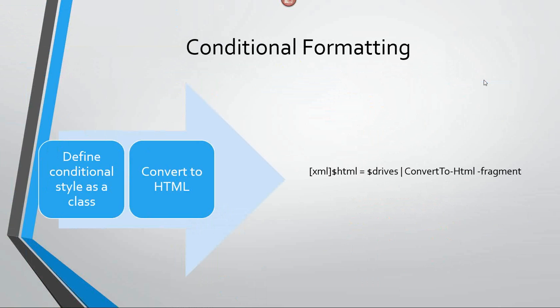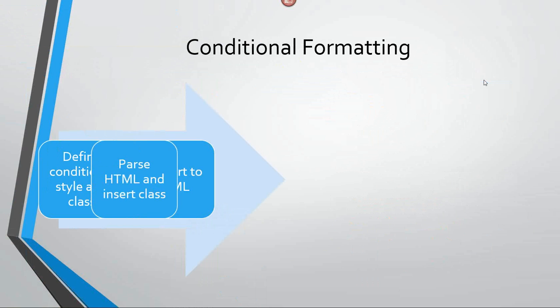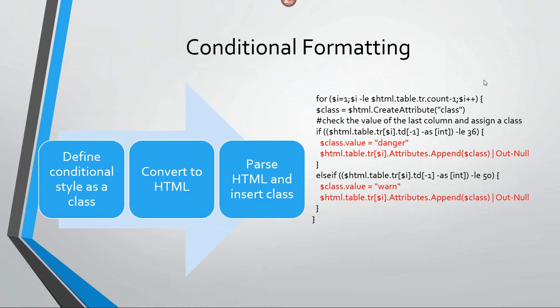I then convert my data to HTML. So in this, let's say $drives is some collection of drive information, I run ConvertTo-Html as a fragment, and I save that to a variable. Then I can use XML and parse that object and insert the class so that I can get the column that has the number that I want to analyze.